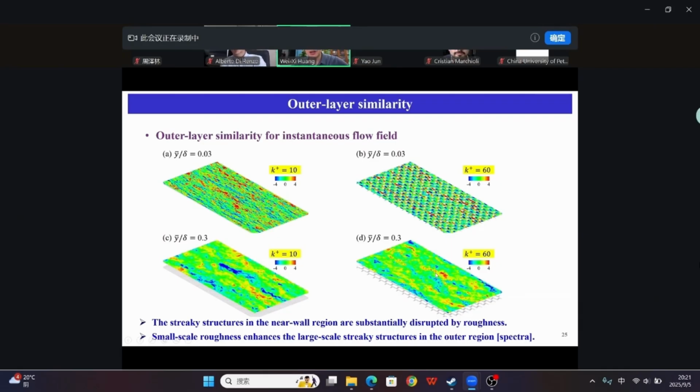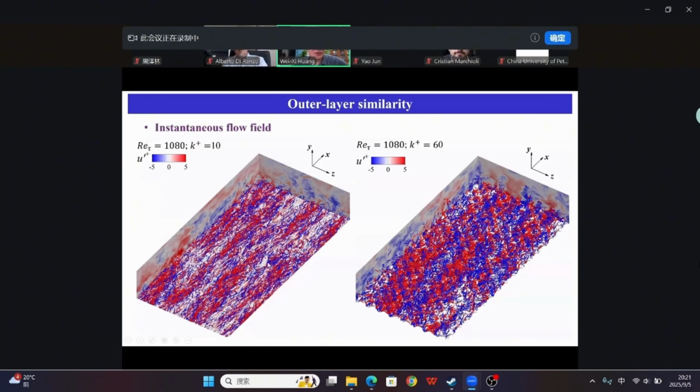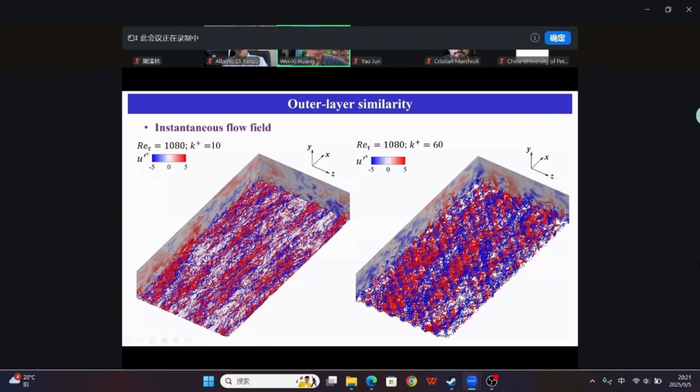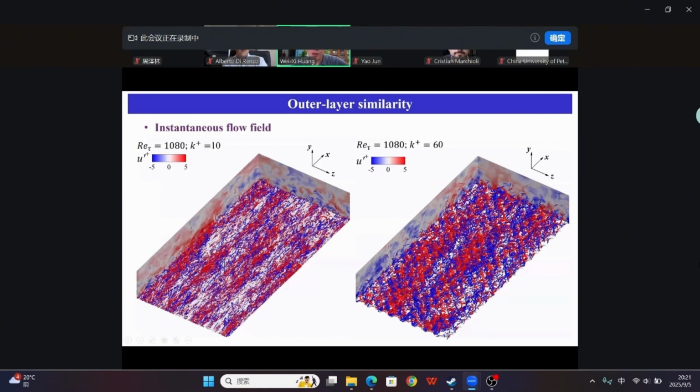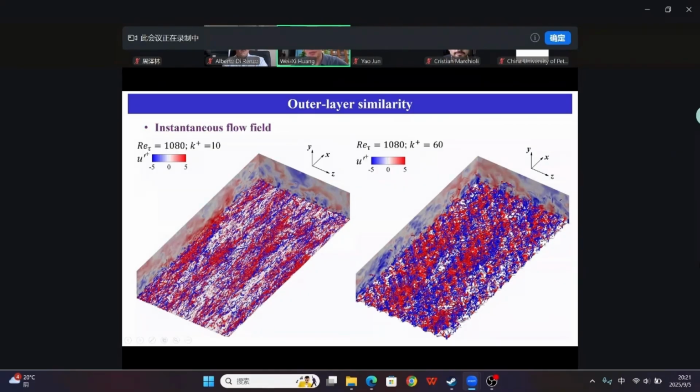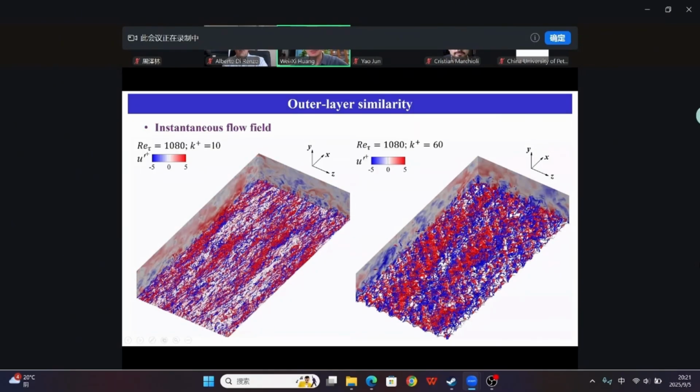As a result, the outer layer peak is not as strong as this one. So this is the instantaneous field. For the small K plus, we can see it forms this kind of structure, but for larger K plus, it looks more complicated.